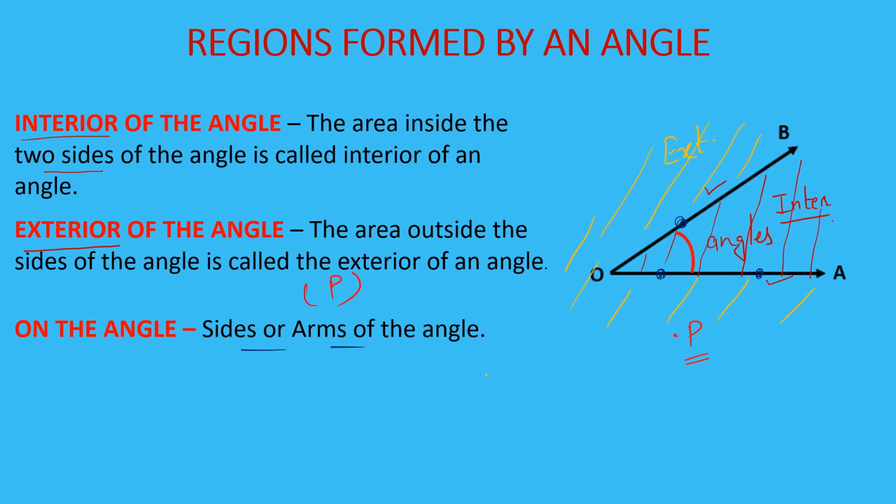Now suppose I write another point Q here. You can see it is between the two rays which form the angle, inside these two rays. That means it is in the interior of the angle. If I write a point M here, this dot M is neither in the interior nor in the exterior. That means it is on the angle. So point M is on the angle.